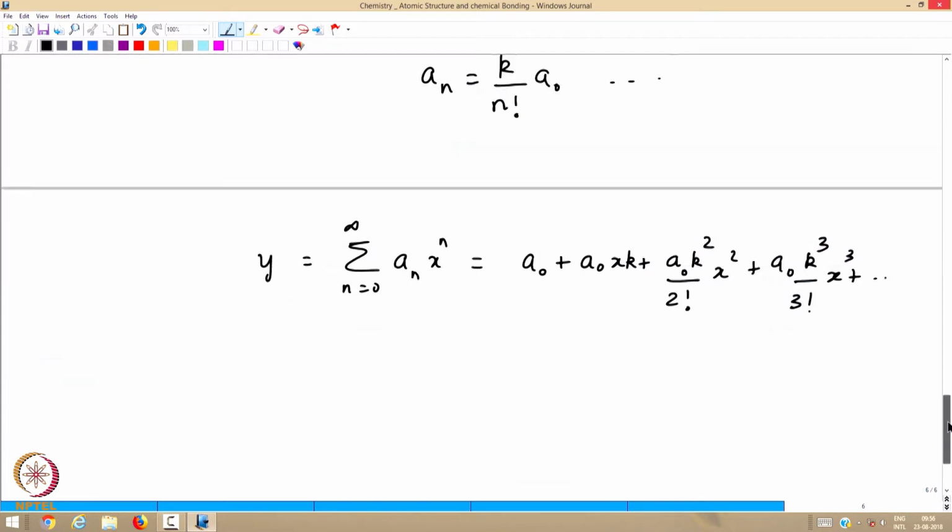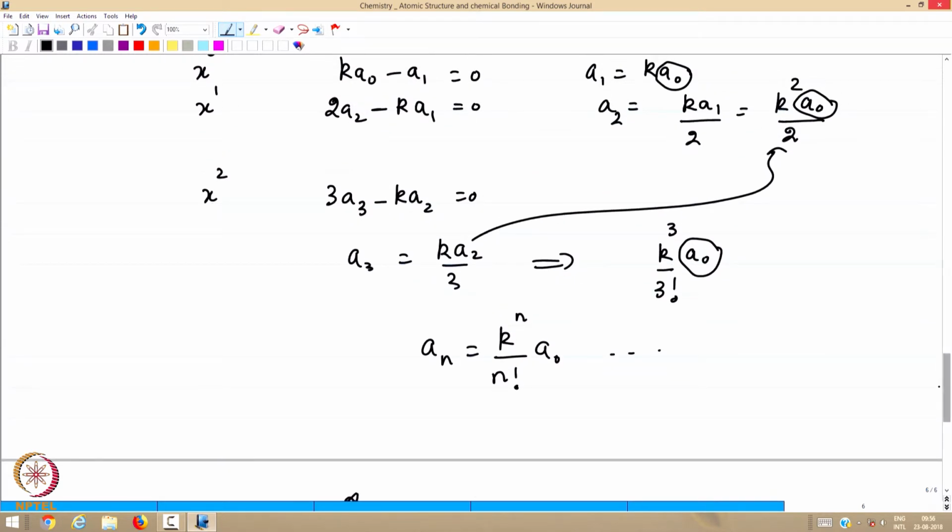Look at all these answers: a 3 is k cube by 3 factorial a naught, a 2 is k square by 2 factorial a naught, a 1 is k a naught, and a naught is a naught, of course.